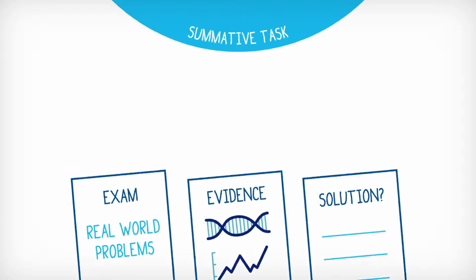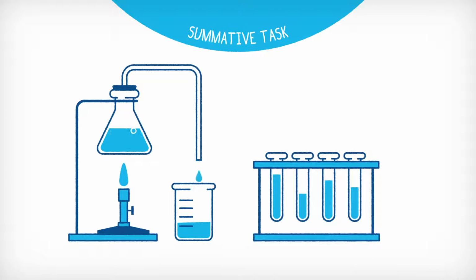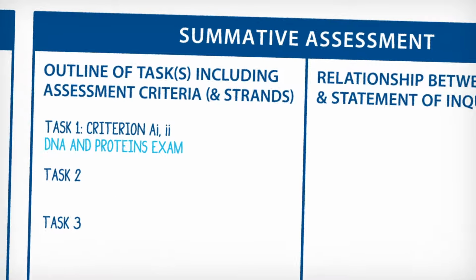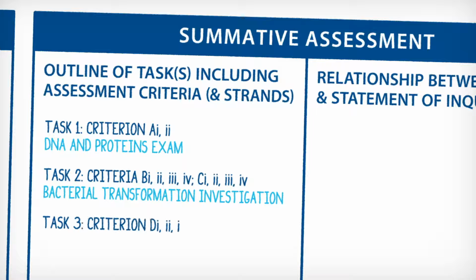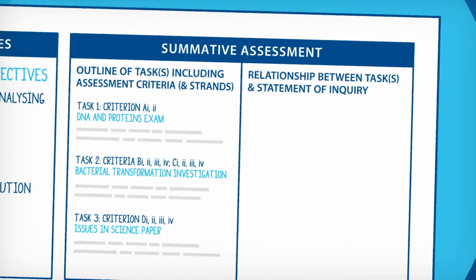Another type of summative task might be a hands-on investigation, in which students conduct a practical lab and collect, transform, and evaluate data, assessed with criteria B and C. And finally, criterion D might be used to assess a paper that explores an authentic scientific issue. In such a case, a brief description of each task can be provided.